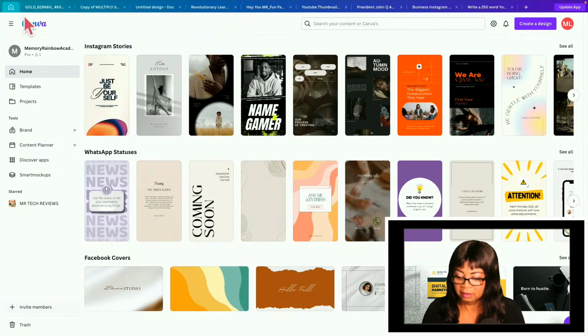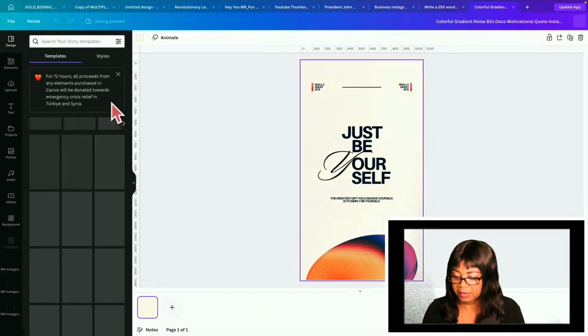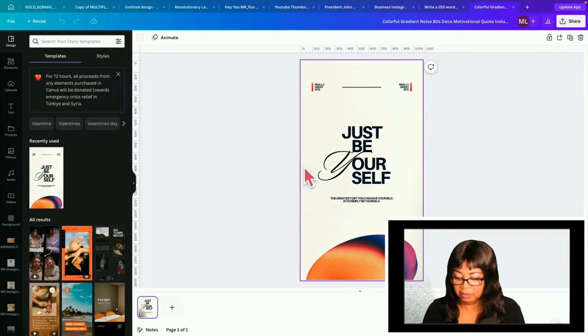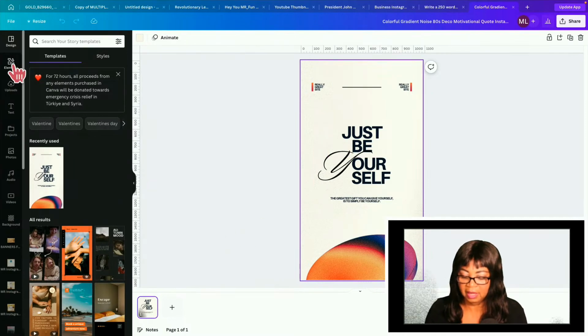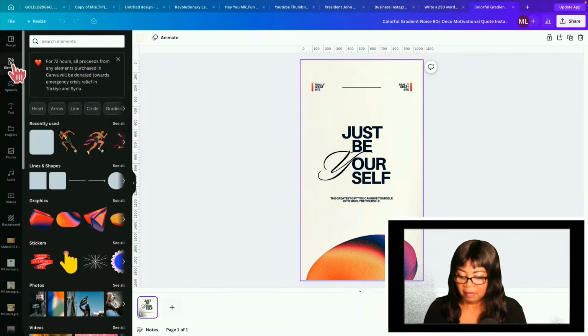Okay, so it has, let me see. If you wanted to click on that, that's vertical, right? So you can add to that. You can go over here to the elements and you can add all sorts of things.